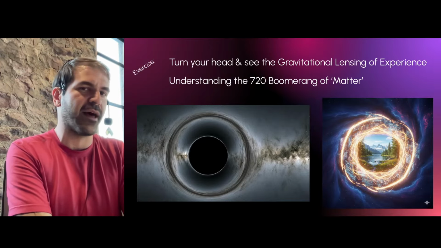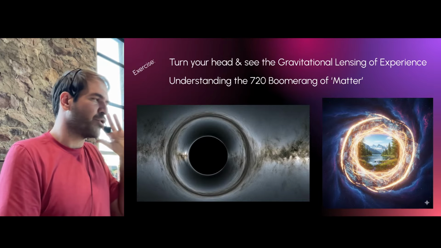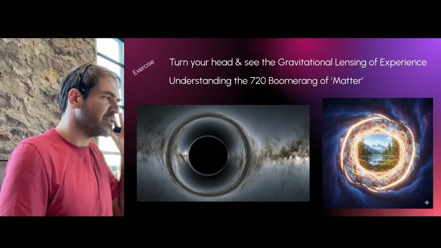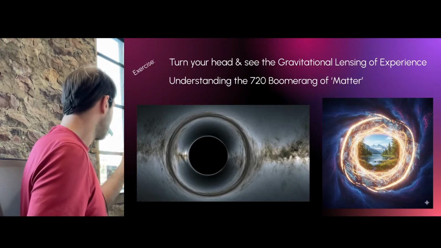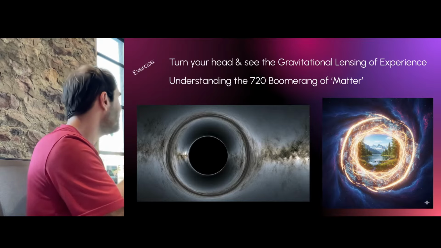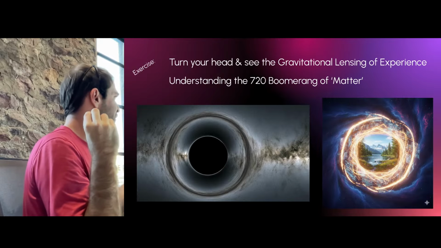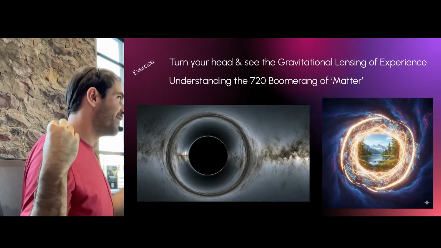When you're turning your head, you're actually bringing information out of infinite potential, but at the same time, I also removed certain information that I was looking at in my field back to infinite potential.